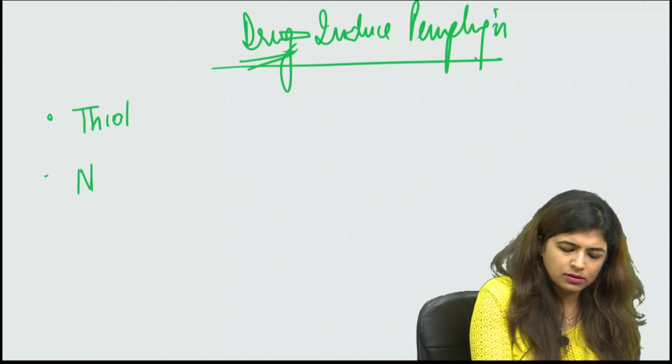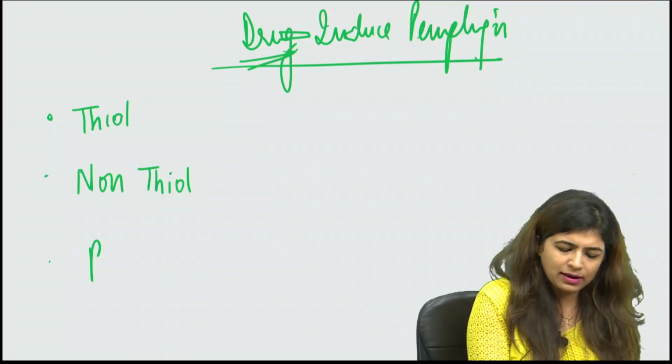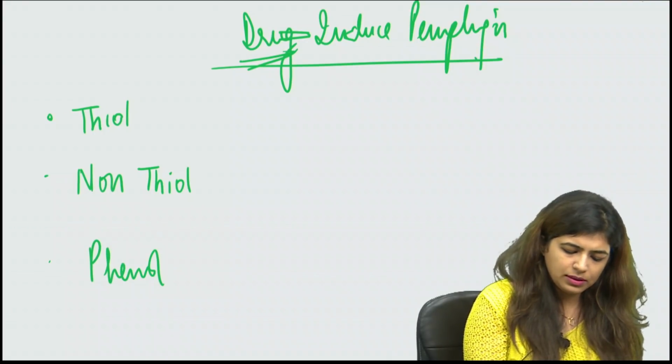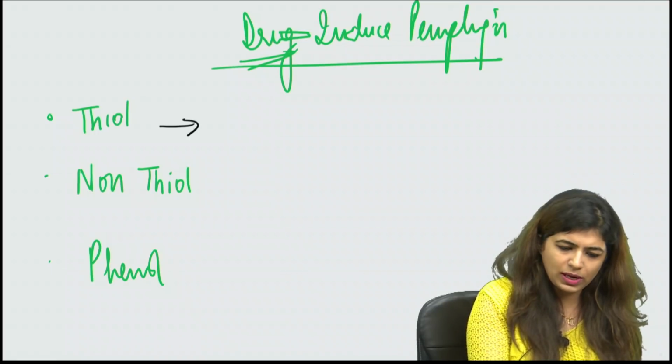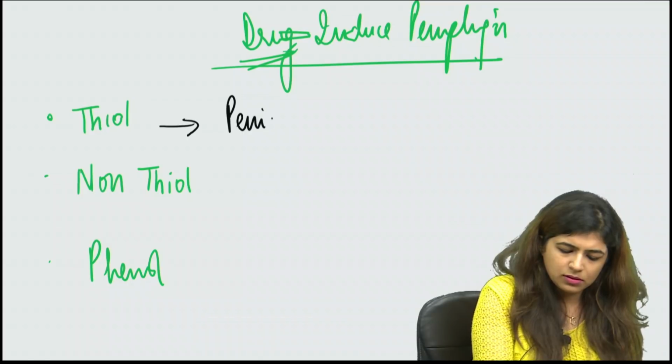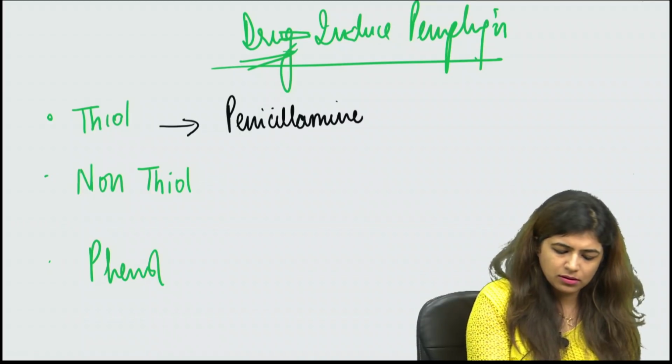Thiol group, the non-thiol group, and phenol drugs. In the thiol group, you have penicillamine.